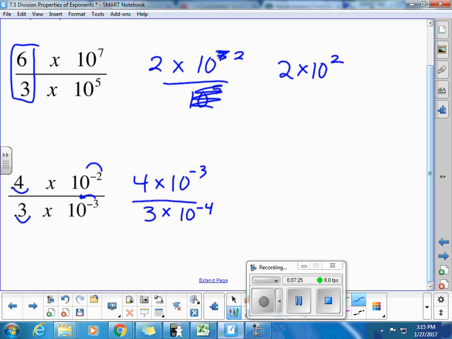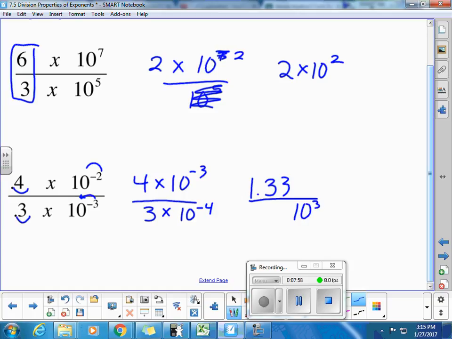And 4 divided by 3 is not a pretty thing. It's 1.3 repeating. But let's just write 1.33 so far. 10 to the negative 3rd over 10 to the negative 4th. Let's move those around. So my 10 to the negative 3rd is going to be 10 to the 3rd in the denominator.